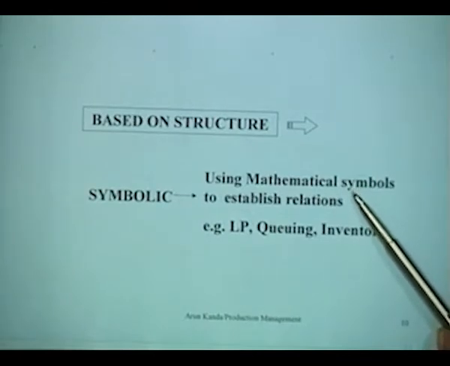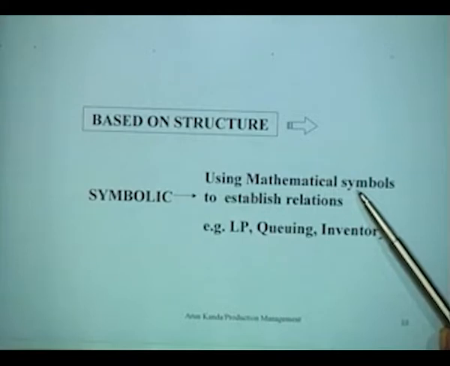So, what we are doing here is that the quantities of interest are represented by some kind of symbols, you establish the relationships between these symbols, you establish what your priorities and objectives are, and you have a mathematical model which tries to capture this situation.